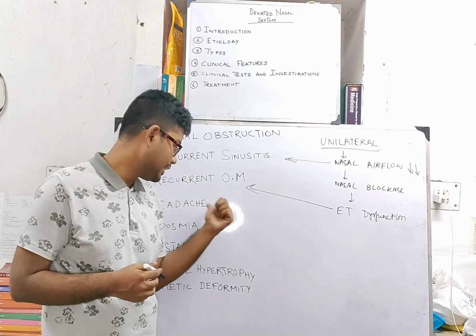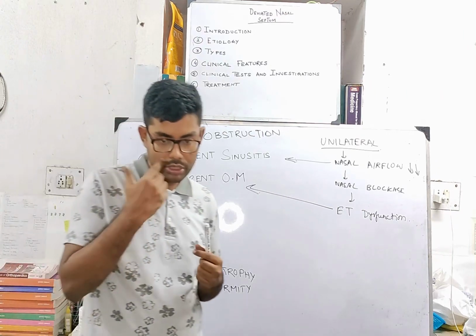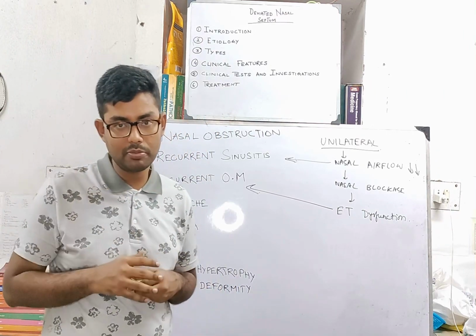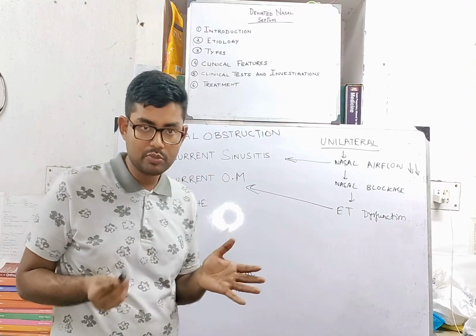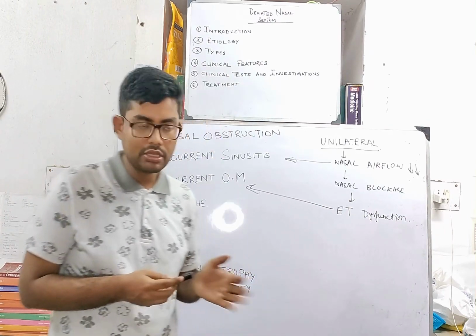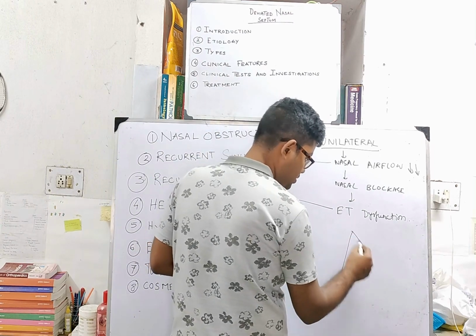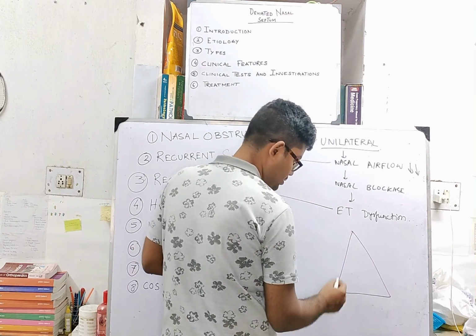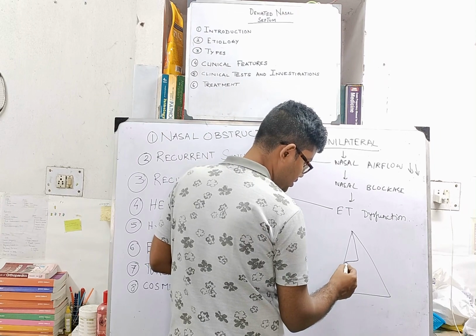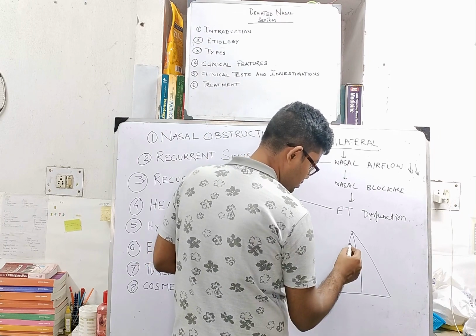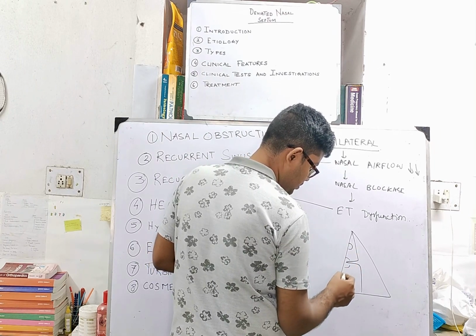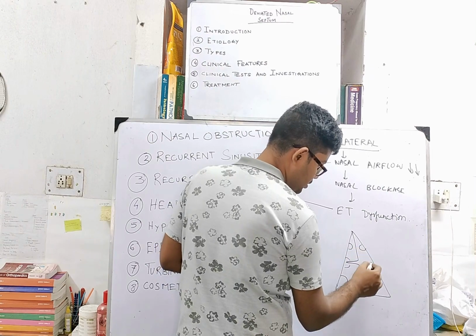Then coming to headache. The important point about headache that you must remember is that the headache is most commonly associated with a deviated nasal septum with a septal spur. Suppose this is the spur, this is your superior turbinate, this is the middle turbinate, inferior turbinate.